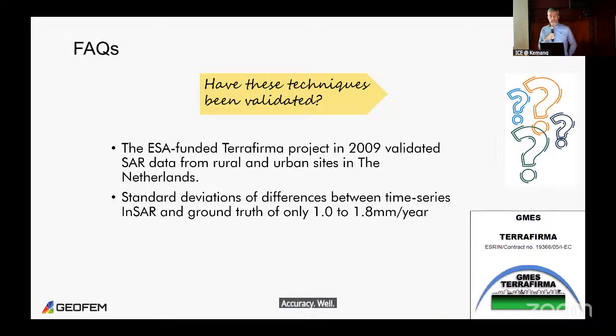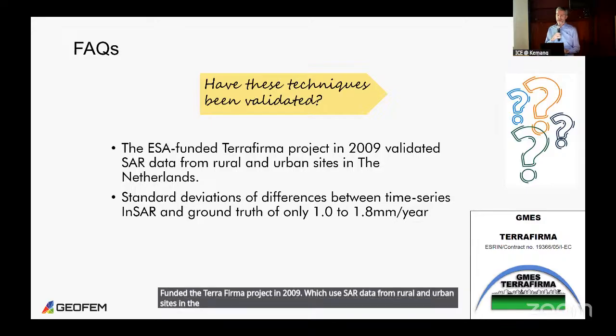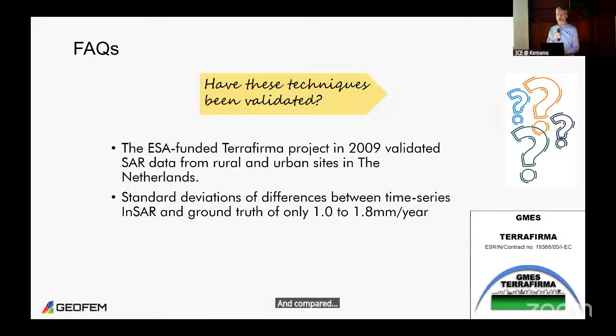Well, in the early days of InSAR monitoring, the European Space Agency funded the Terra Firma project in 2009, which used SAR data from rural and urban sites in the Netherlands and compared the ground truth data of displacement against InSAR and found standard deviations of only about 1 to 1.8 millimeters per year. And that report is in the public domain.